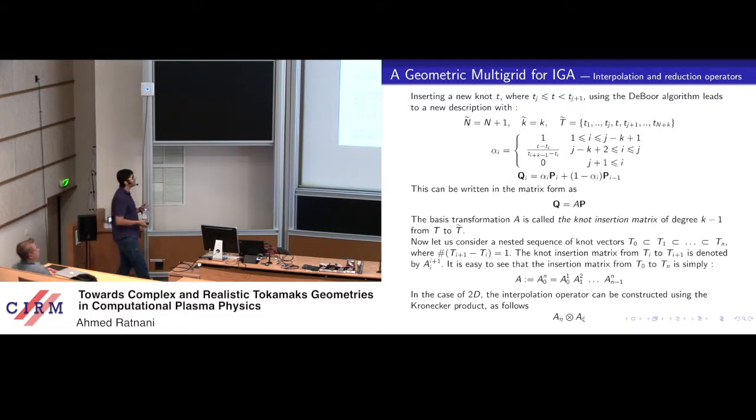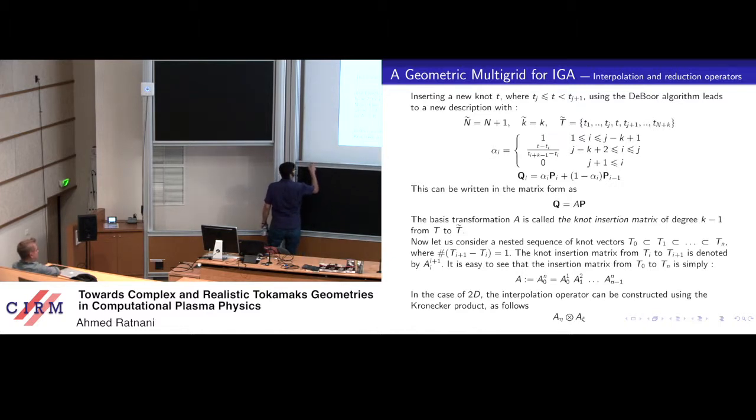So in multigrid algorithms, you need to specify what we call the interpolation operator and the reduction operator. And the multigrid algorithm is to solve, for example, let's say the Poisson equation on a fine grid.